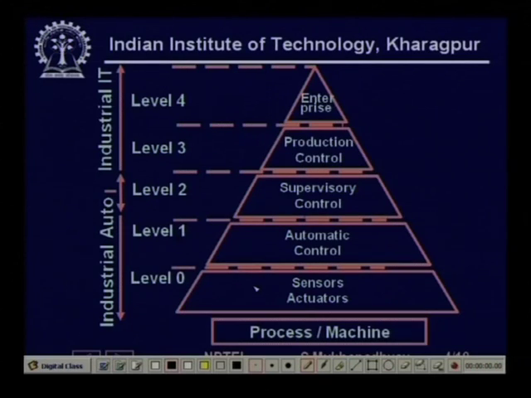Automatic control layers are also automated, most operations are not manually controlled, but from the supervisory control layer upward, it is not always true that you have computer based automation for performing the operations of that level. In fact, some of these operations may very well be done by human beings.